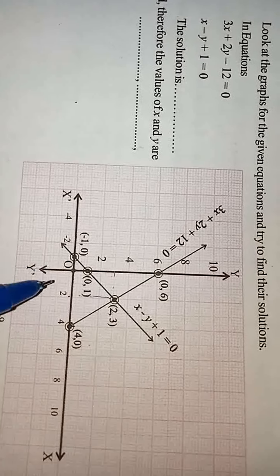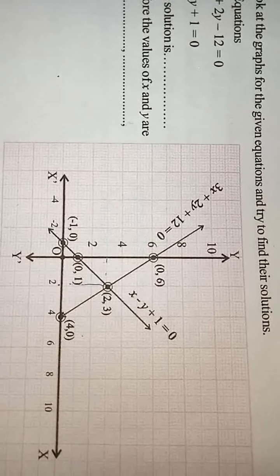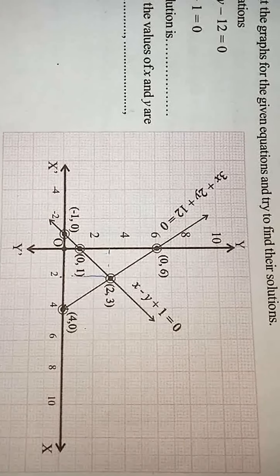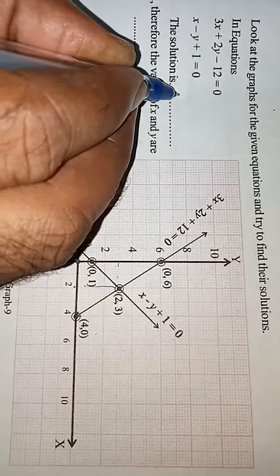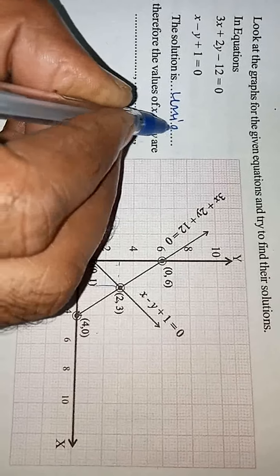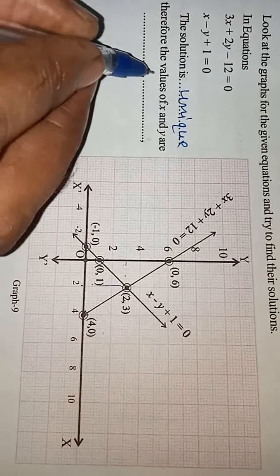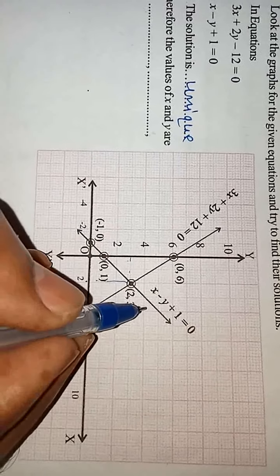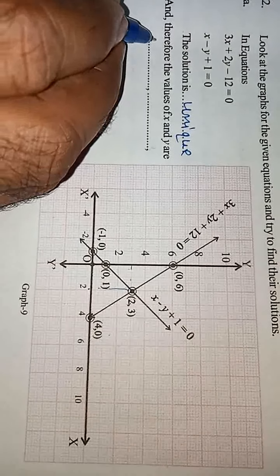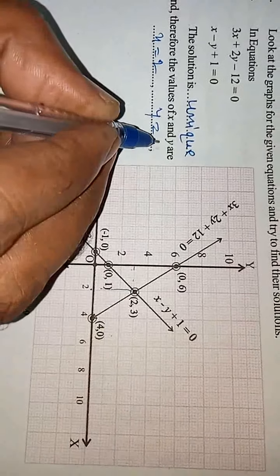So if equation lines intersect each other at a point, then the solution is unique, and therefore the value of x is 2 and y is 3.